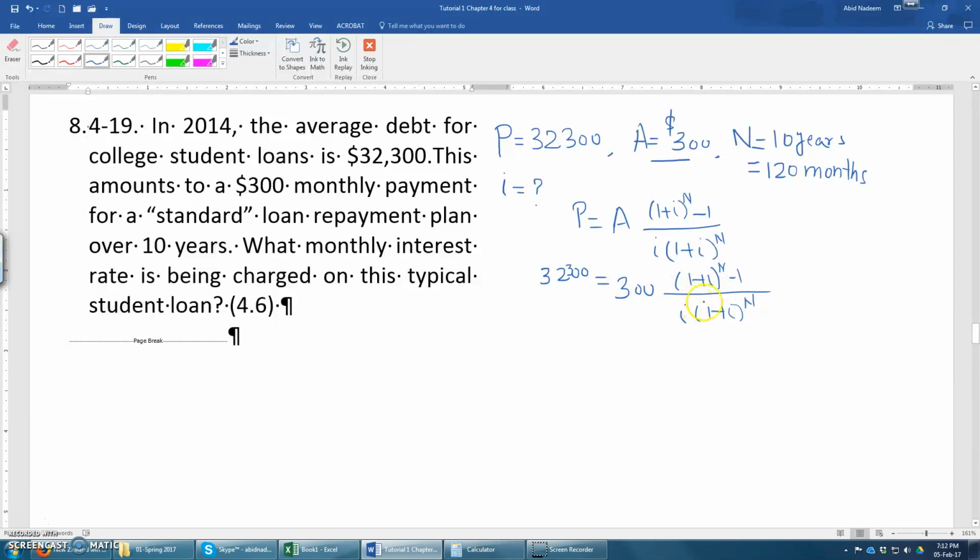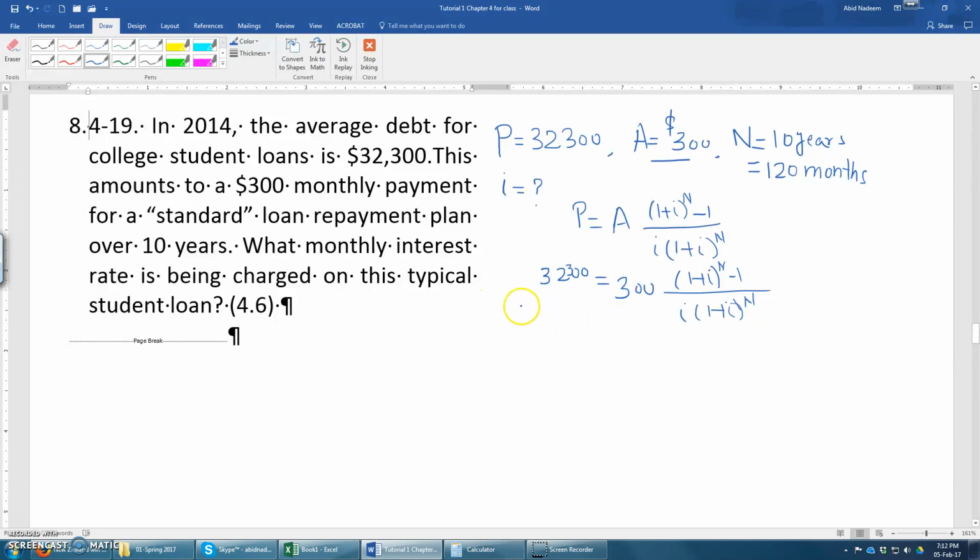In this case you will see that the equation is not directly solvable for the value of i, which we need to determine. So we must use some method like the trial and error method to find the value of i. For this, different approaches are available.